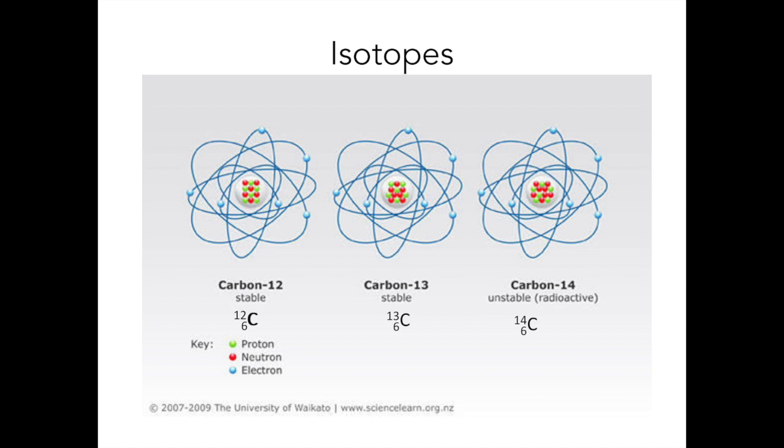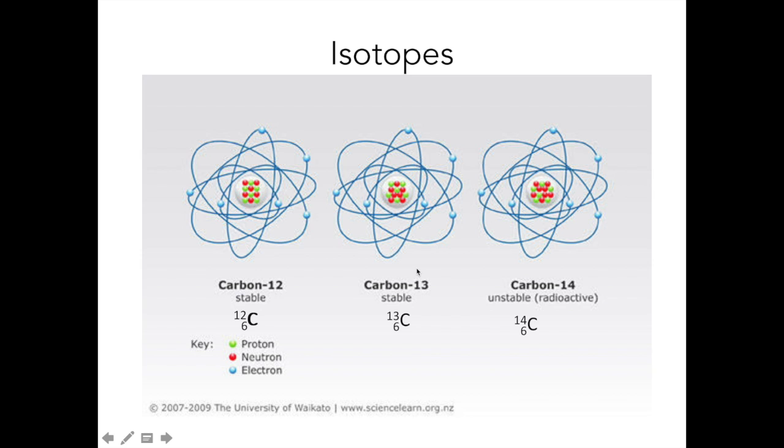The most abundant form of carbon is carbon-12, which is here on the left. So carbon-12 has 6 protons, as all carbon atoms do, and 6 neutrons, which means protons plus neutrons equals 12. So that's the mass of that carbon atom.